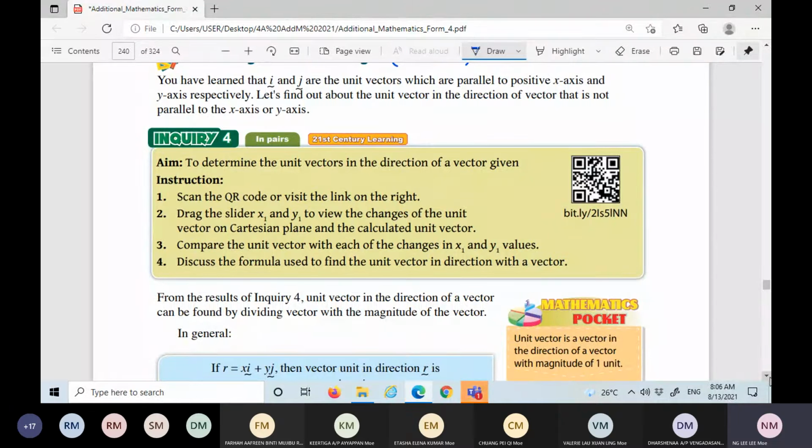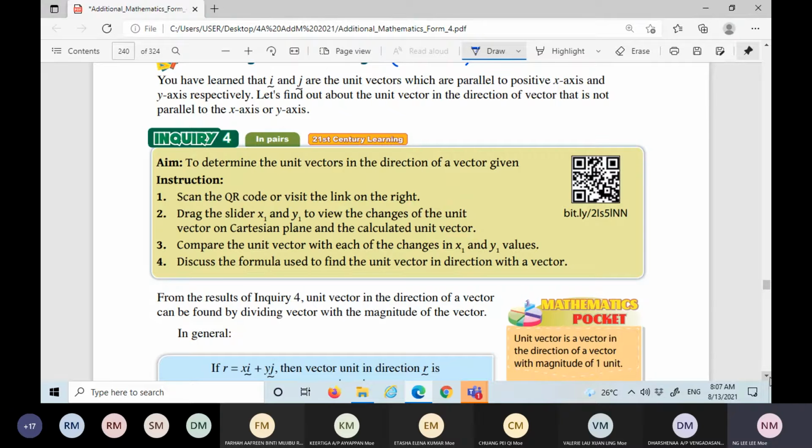So yesterday we learned the i and j. Actually, i and j both are unit vectors. One is parallel to the positive x-axis, and one is parallel to the positive y-axis. What's the meaning of a unit vector? Actually very simple.